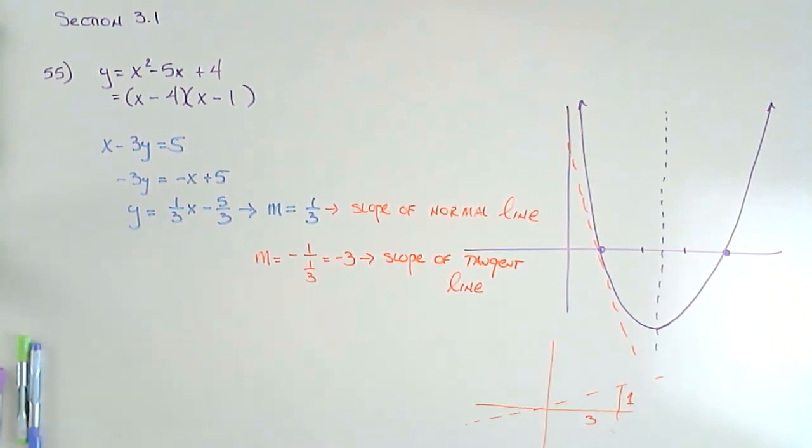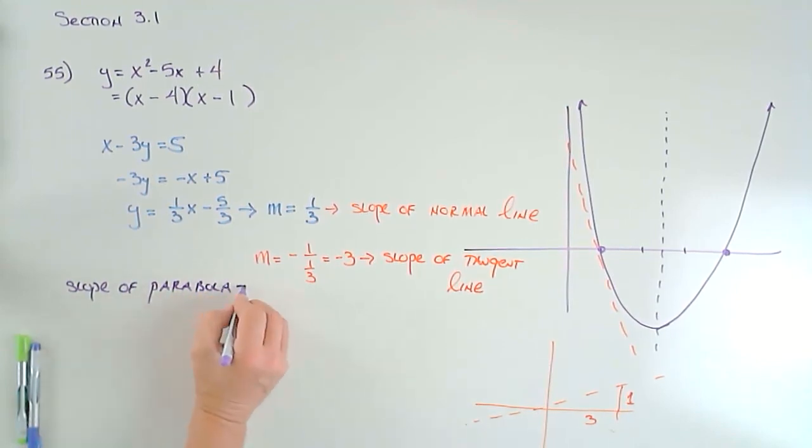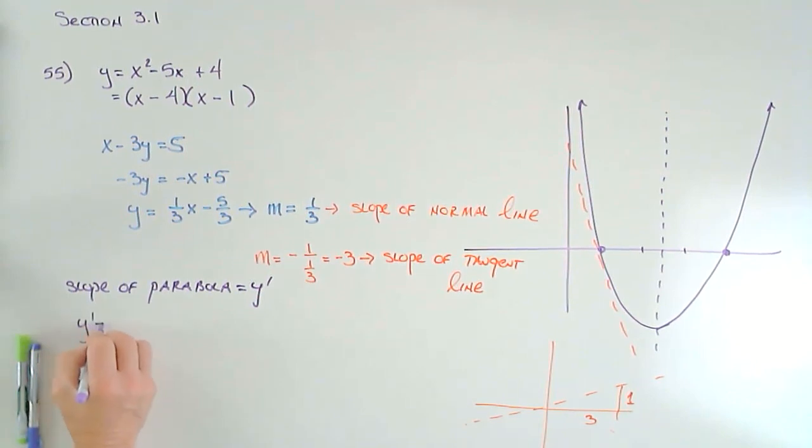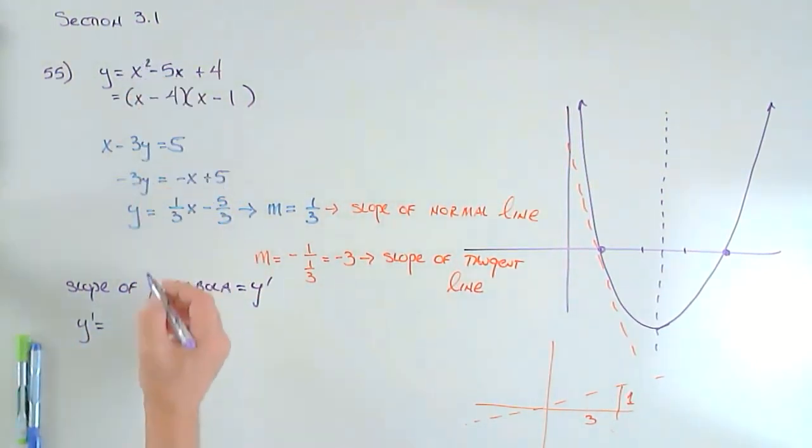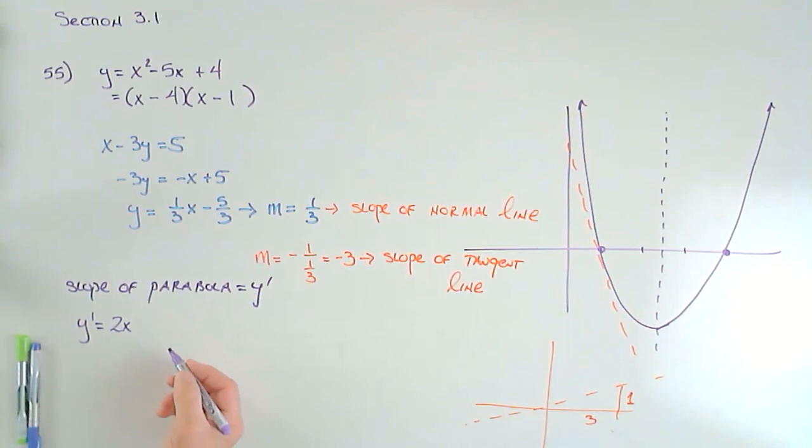Well, we know what the slope of our parabola is. The slope of the parabola equals y prime. The derivative is the slope, and we can find that. Y prime is 2x, we bring down the 2.